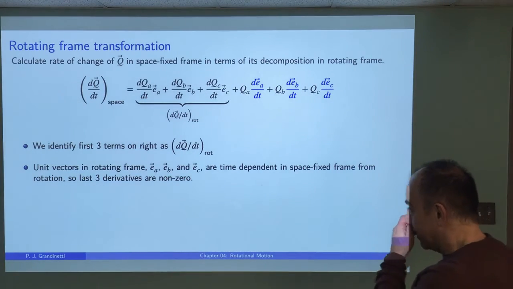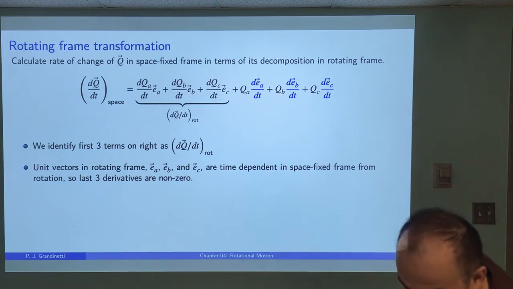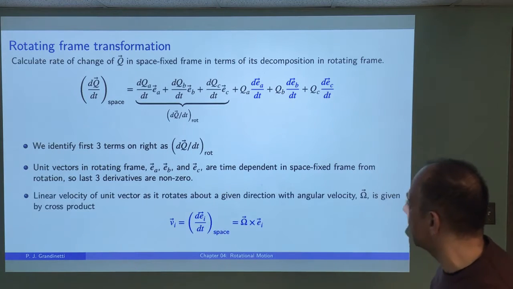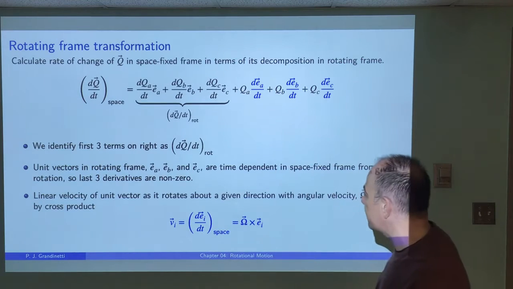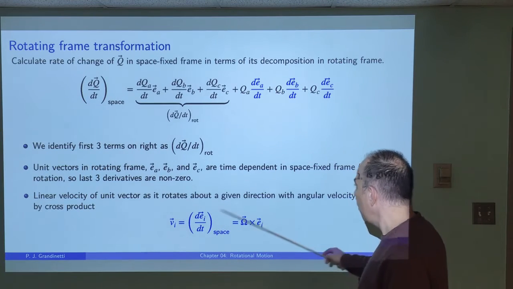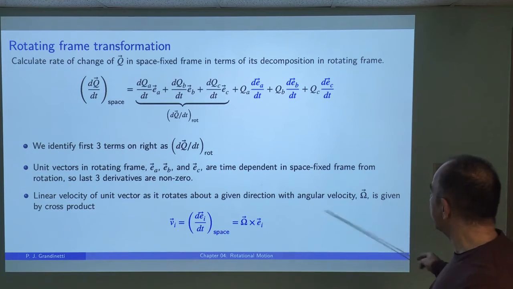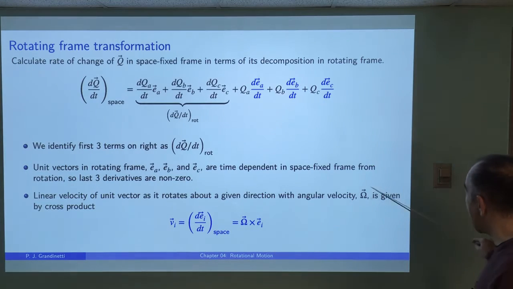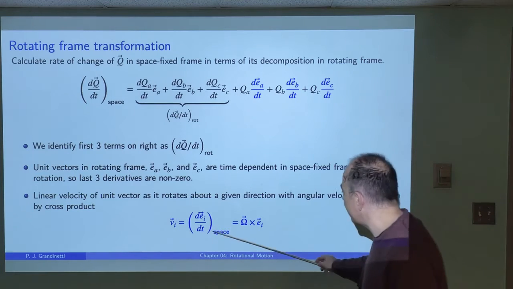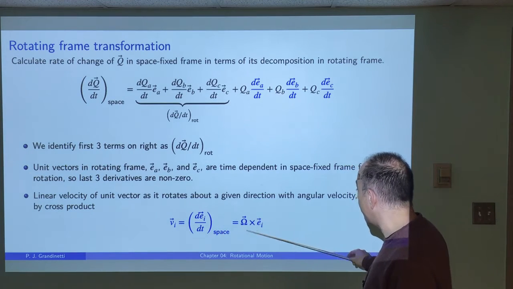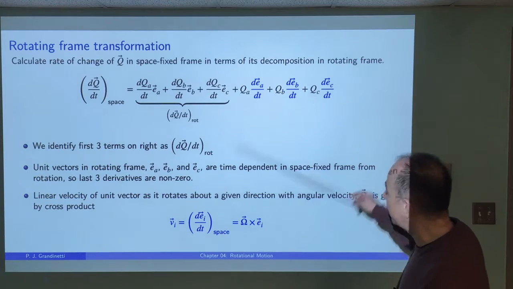So what we find then is that if we want to continue to describe these, we can just use the fact that the linear velocity of a unit vector, which rotates about some given direction with an angular velocity, and I'm going to use capital omega here for the rotating frame angular velocity, is given by the cross product of capital omega with each of those unit vectors.